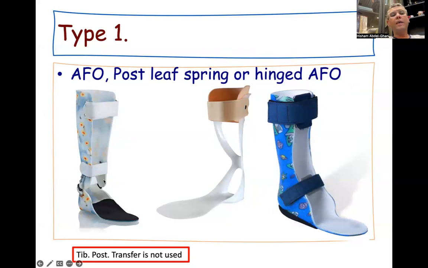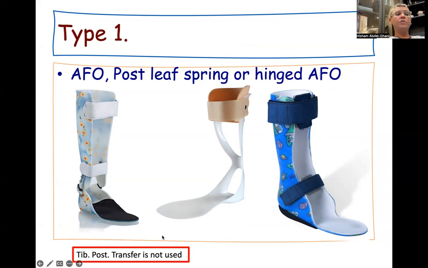Sometimes the hinged AFO is used on the assumption that it will allow dorsiflexion and allow the stretch of the plantar flexor and prevent shortening of the plantar flexor, but really there is no publication that proves that hinged orthotics is superior to rigid orthotics or posterior leaf spring, except that it is much more expensive than the other two.